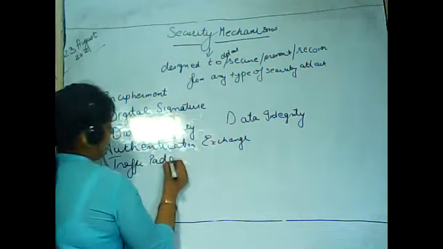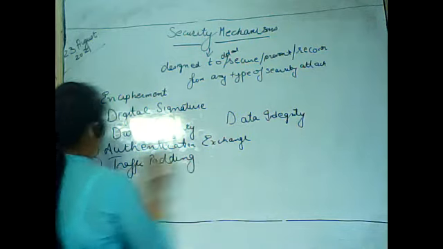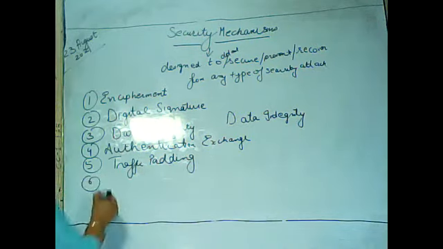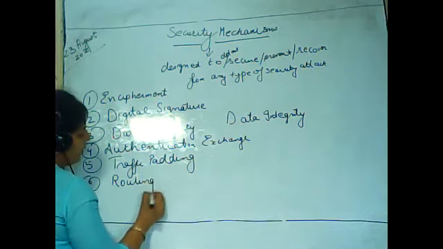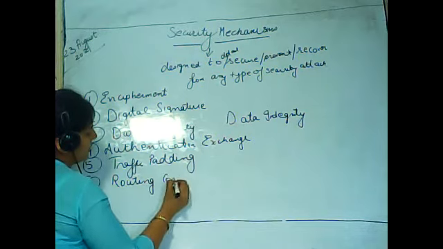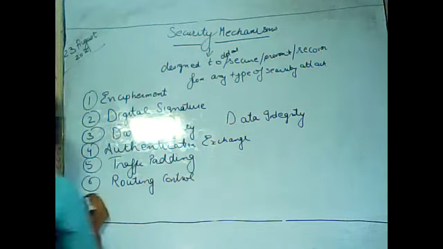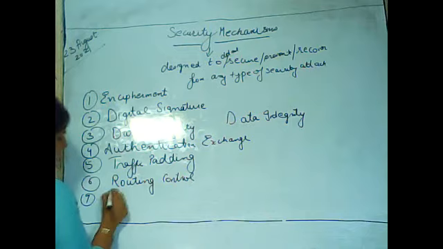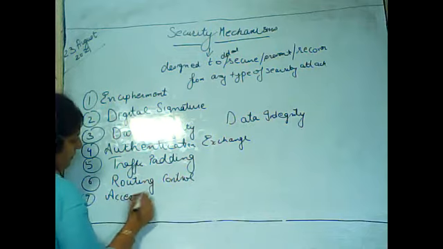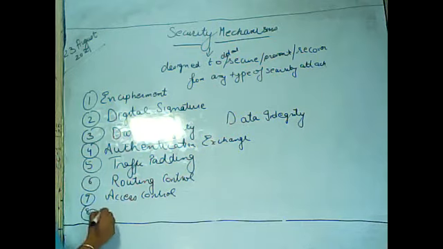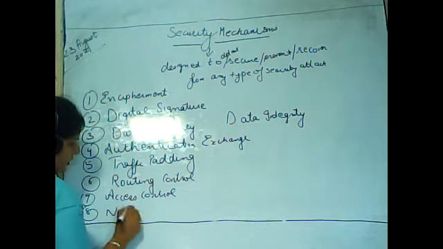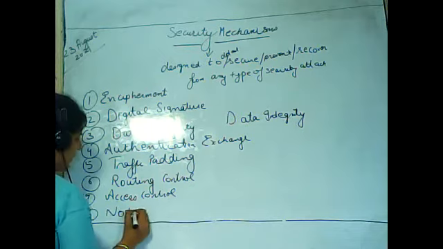Next is your routing control. Next is access control. And last one will be your notarization.